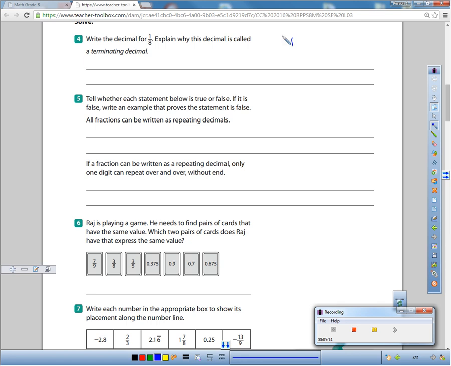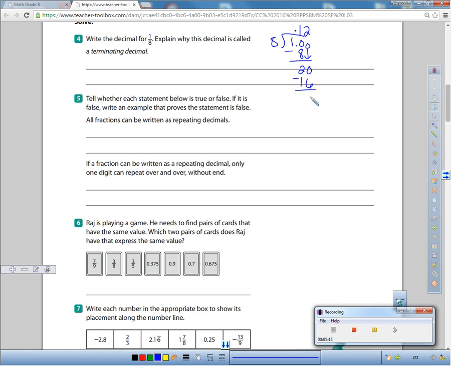So 1 divided by 8 is what that means. Okay, 8 will not go into 1, so I add a place value. 8 goes into 10 once. 1 times 8 is 8. Subtract, we get 2. 10 minus 8. Add another place value. I get 20. 8 goes into 20 twice. 2 times 8 gives 16.